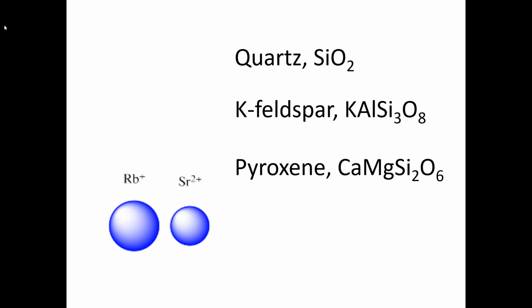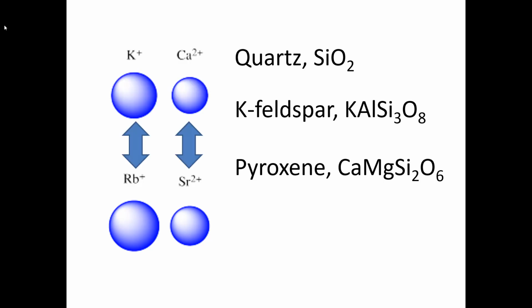Now, rubidium and strontium are pretty unusual. They're both pretty large cations, and rubidium especially is a really large cation. So most minerals don't have a place where they can put a really large cation like rubidium or strontium. However, rubidium and strontium are similar enough to 2 elements that are already found in 2 of these minerals, and that is potassium and calcium.